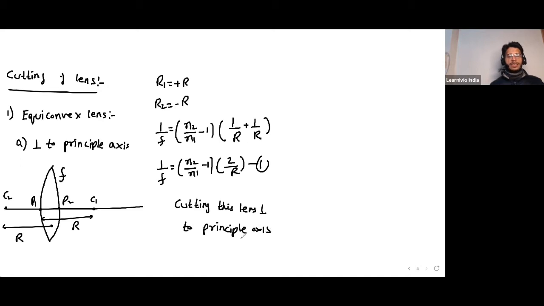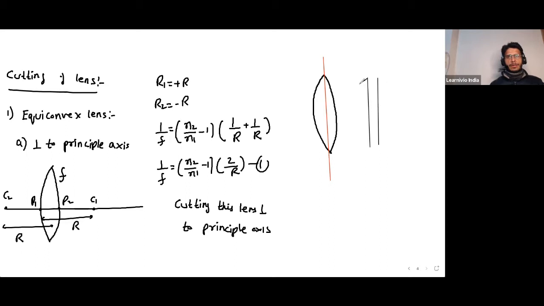Now when I cut this lens perpendicular to principal axis, it means this is the lens, and I cut this into two parts in this way. So the two parts will look like this.